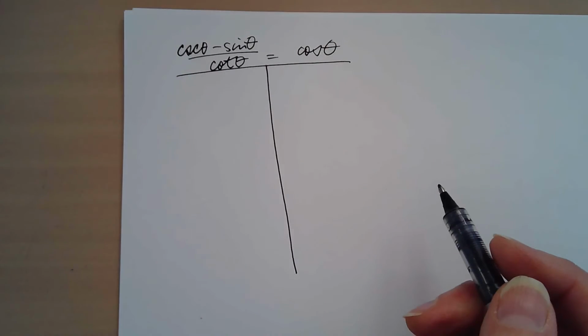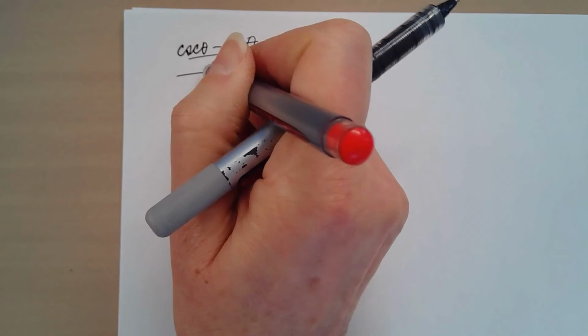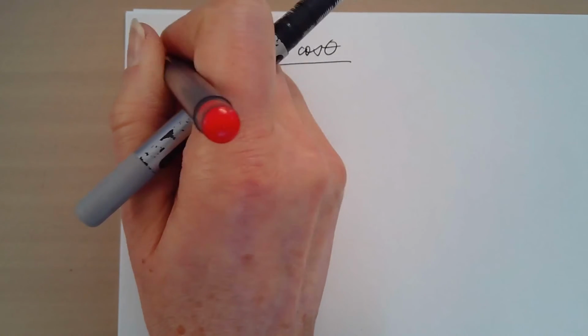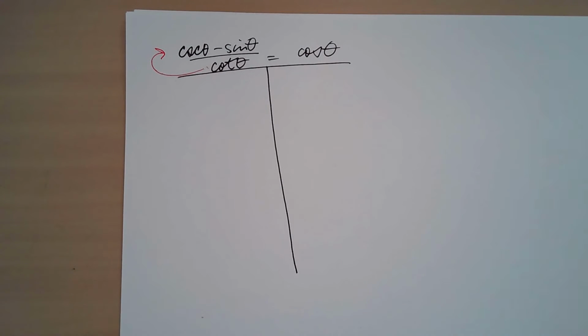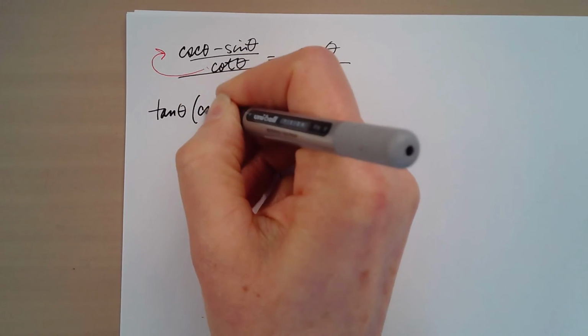This is what Joanna did. She recognized that, you know what, I got a cotan on the bottom. What if I move the cotan up? What happens when I move cotan up? The reciprocal of cotan becomes tan. So basically she moved that to the top and got rid of her fraction right away.